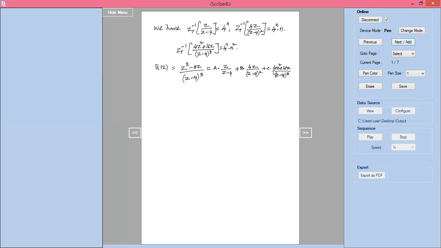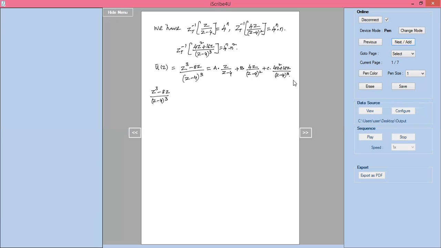K is 4, so z minus 4 whole cube is there. For this one, k is z square plus k square, and k square is 16, so 16z divided by (z minus 4) whole cube. Now I'll write z cube minus 8z divided by (z minus 4) whole cube.